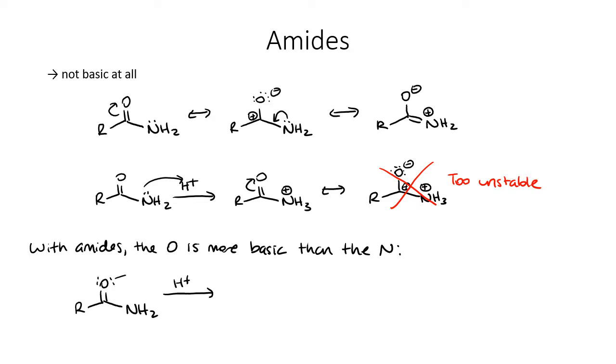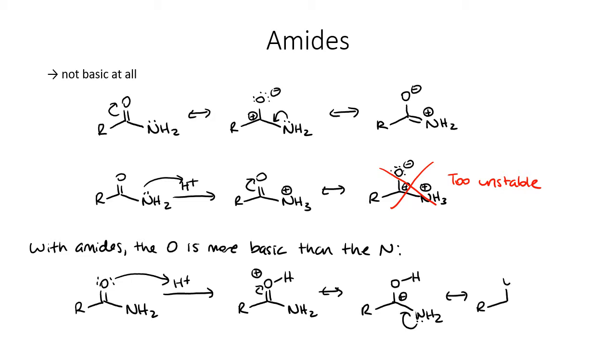So in the presence of an acidic proton, the oxygen's lone pairs would actually grab the acidic proton, which would form a conjugate acid that is stabilized by resonance. So we actually get 3 resonance structures by protonating the oxygen. So with amides, this is much more favorable than this occurring.